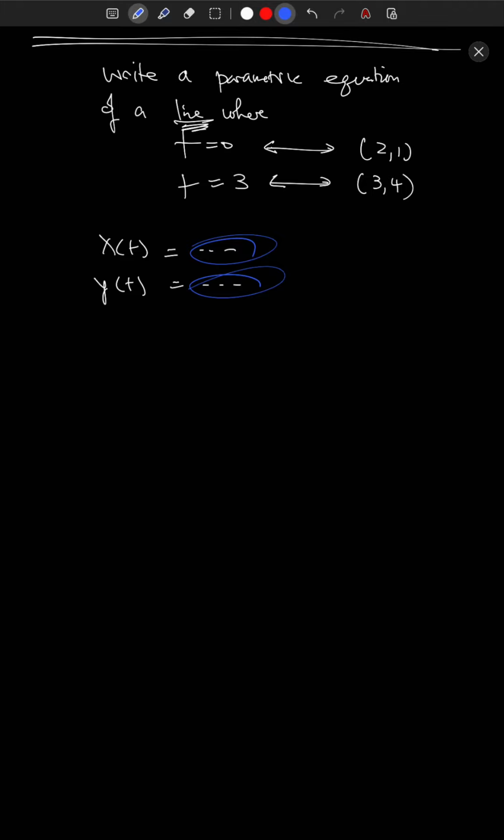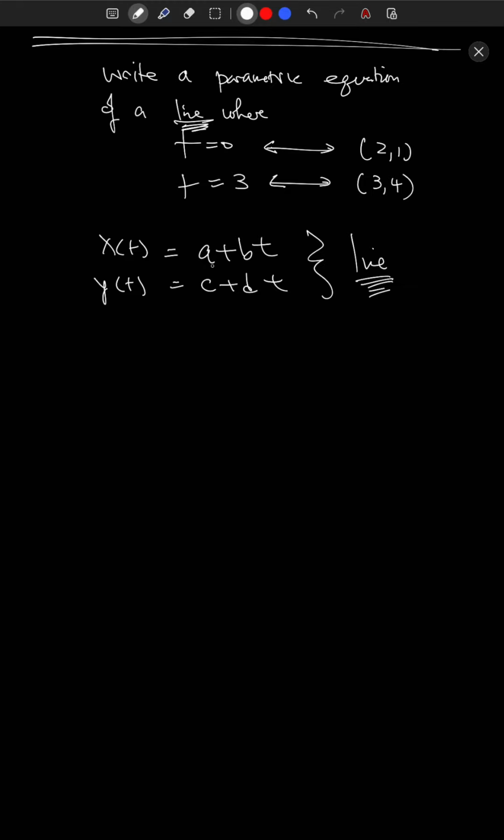So the way we do this is we think back at our previous examples, and we notice that anytime something looks like this, x of t equals a plus bt, where a and b are constants, and y equals c plus dt, where c and d are constants, that describes a line.